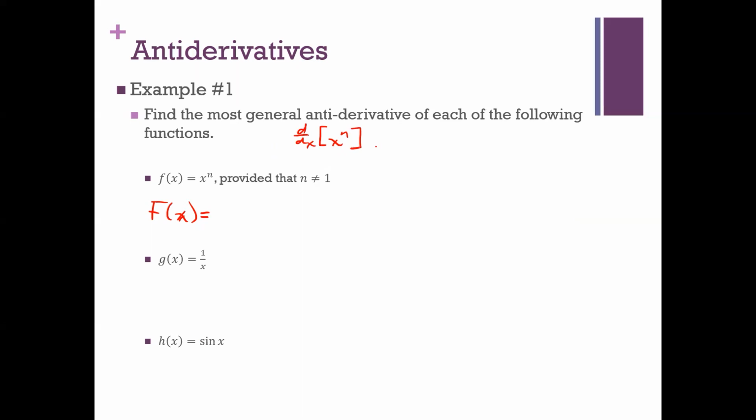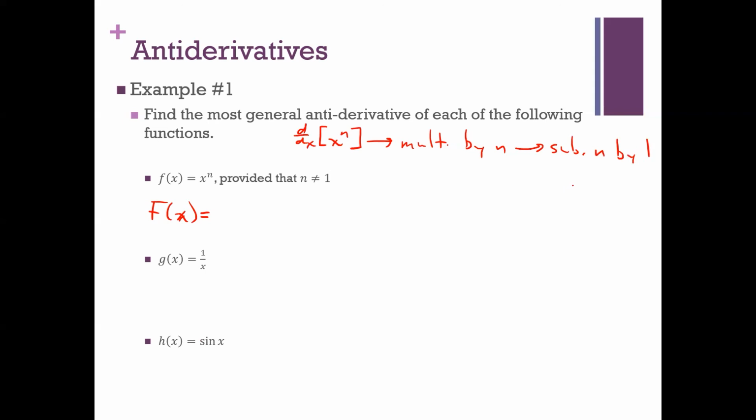What's that first step you have to take when you take a derivative? n times x to the n minus 1. So first you multiply by n, and then you subtract n by 1.